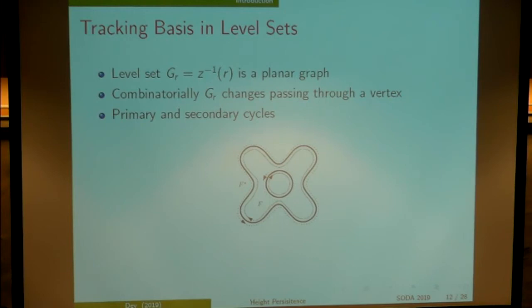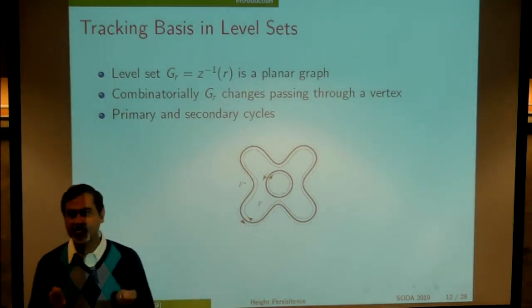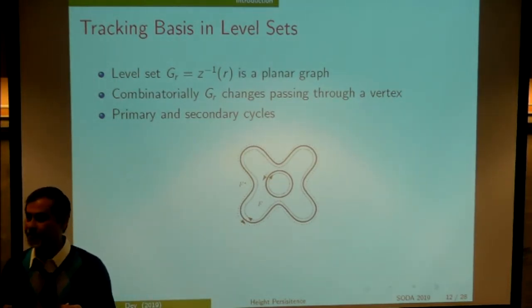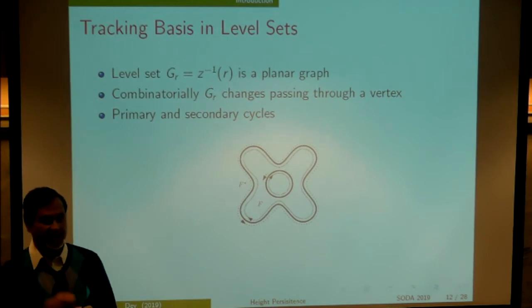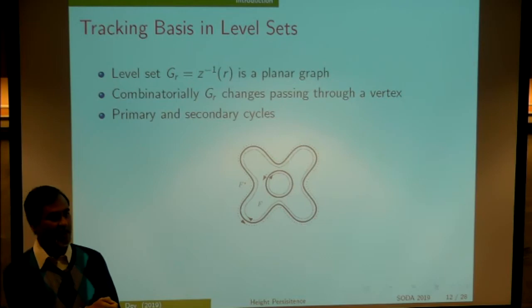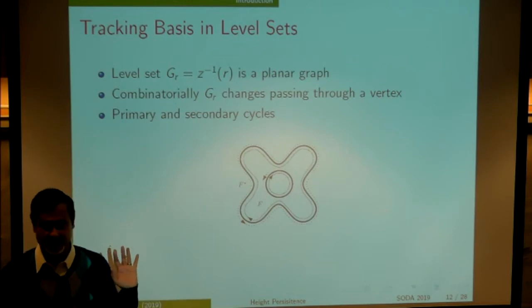Why do I do that? There is a reason: this gives me a canonical way of associating cycles to the connected components. There is a unique one for each, which I can track. If I have multiple choices for a basis, it is difficult to track.